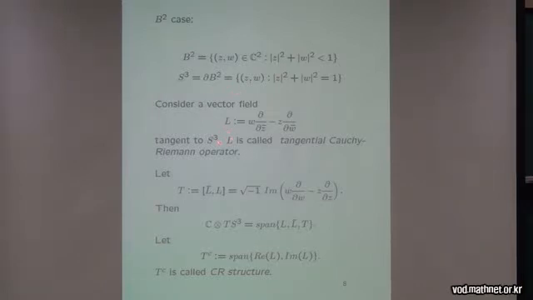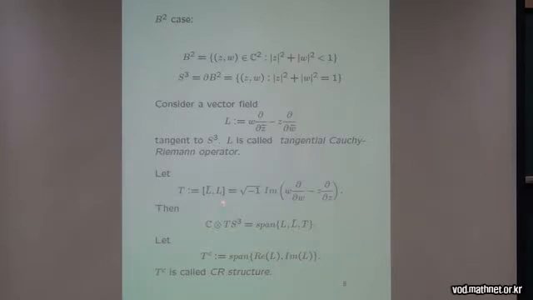And we choose this conjugate holomorphic vector field, which is tangent to S3. This is usually called the Cauchy-Riemann operator, and since L is tangent to the boundary, we call this the tangential Cauchy-Riemann operator.